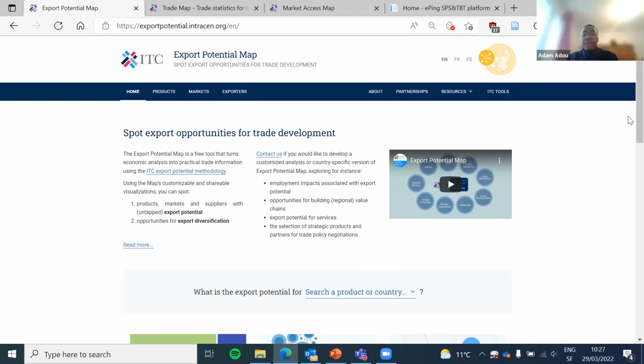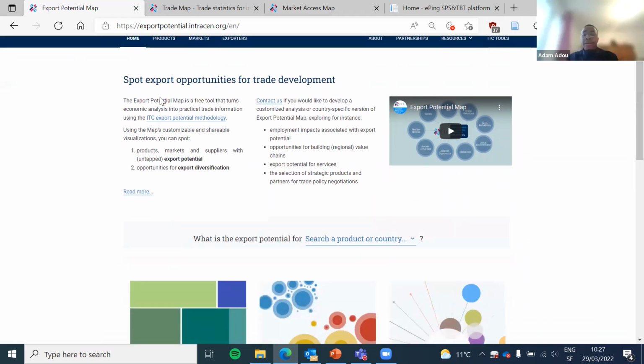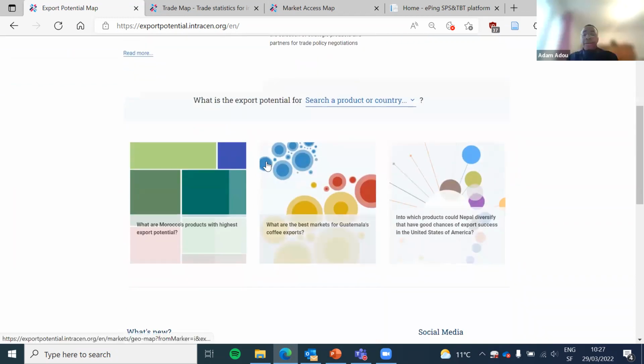What you can see on the screen is the explanation of what the export potential map is in general, what it covers, who developed it and how. And you have three very important modules. The first one shows you, for a specific country that you can write in here, the different products where the country has important export potential.